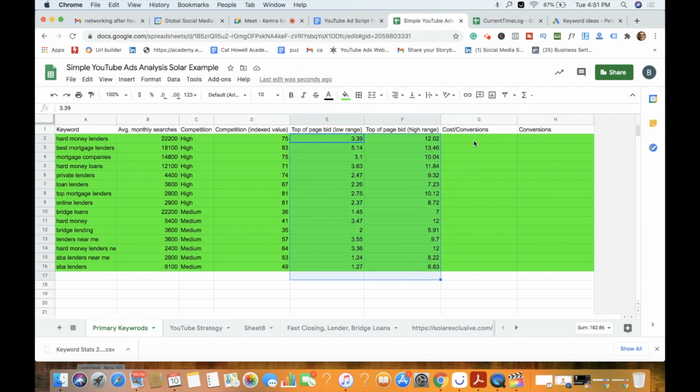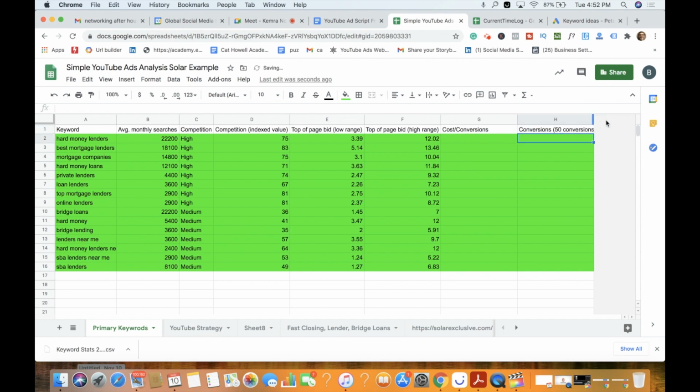Once you start running ads, you're going to be able to know, okay, I can get a hard money lender for $8 in the US or something like that, right? And you want to see that these are actually generating enough conversions and that the cost is what you're looking for. And really what you want to get to is all of the given keywords in a campaign to the point where it eventually drives 50 conversions.